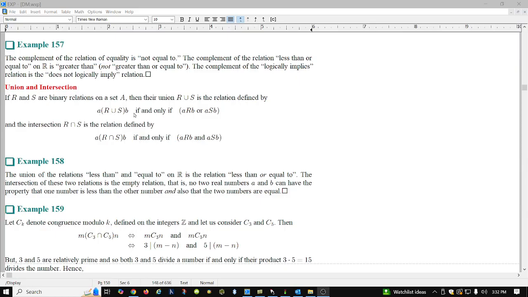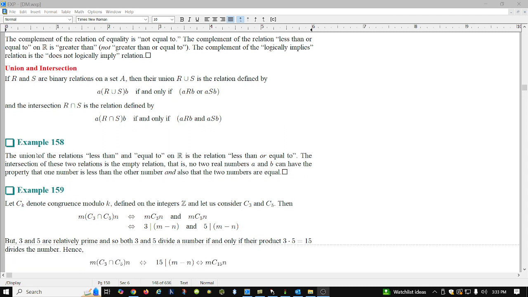Union and intersection look like this. If R and S are relations, then A is related to B by R union S if and only if either A R B or A S B. For intersection, it must be A R B and A S B. So the union of the relations less than and equal to is less than or equal to.